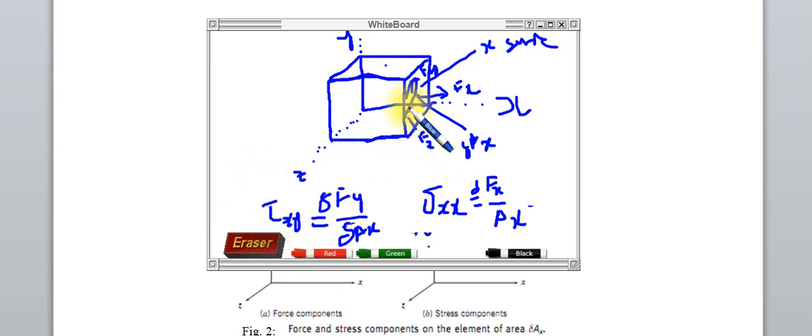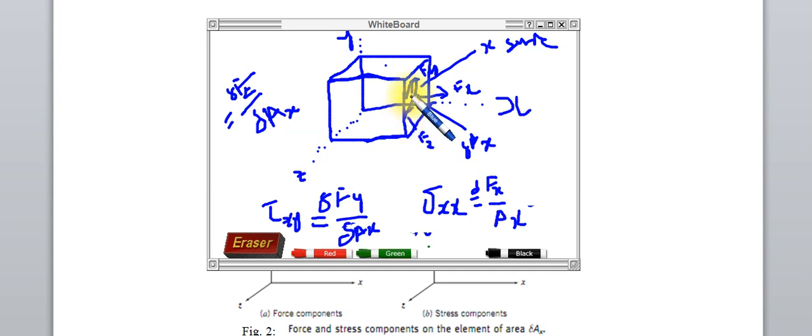Similarly, look at this force Fz. Again, it is acting on the same plane. This is a very small force del Fz, but acting on the area del Ax, and it is in the z direction.